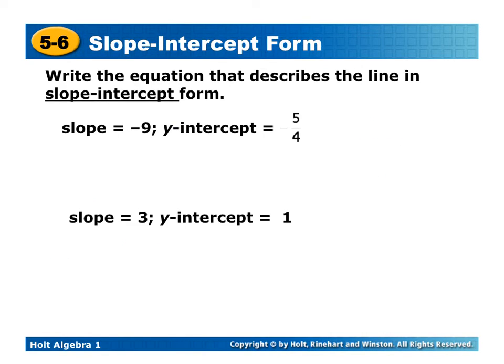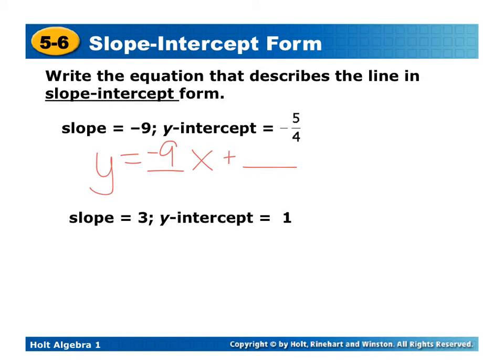So now, with the given slope and the given y-intercept, we're going to write the equation for that line. Y and x are typically always going to be in the equation, so you can think of it like this: y equals blank times x plus blank. Now we just fill in the blanks. The first one is the m in mx, so it's our slope, in this case -9.